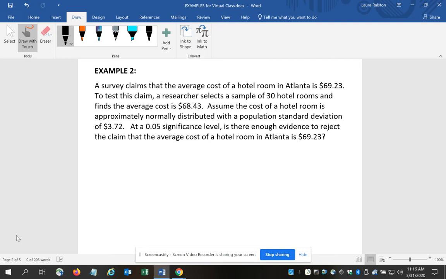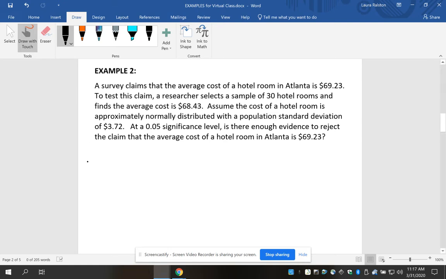Assume the cost of a hotel room is approximately normally distributed with a population standard deviation of $3.72. At the 0.05 significance level, is there enough evidence to reject the claim that the average cost of a hotel room in Atlanta is $69.23?